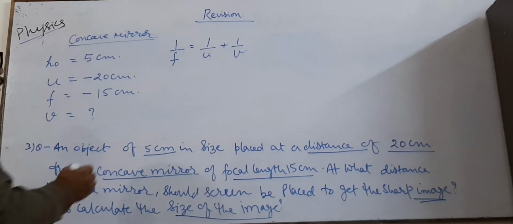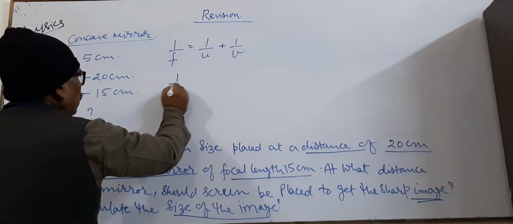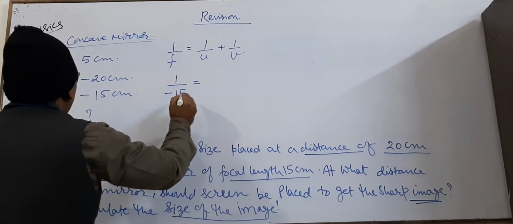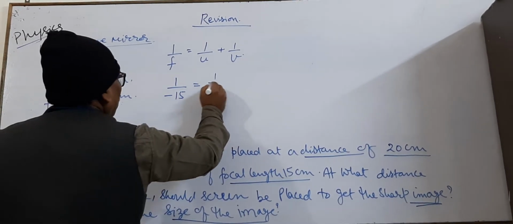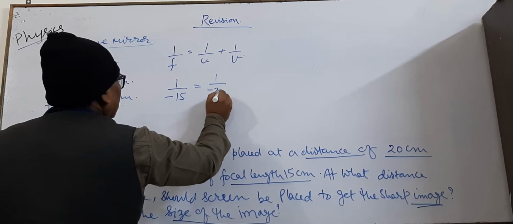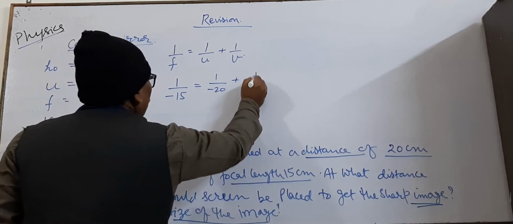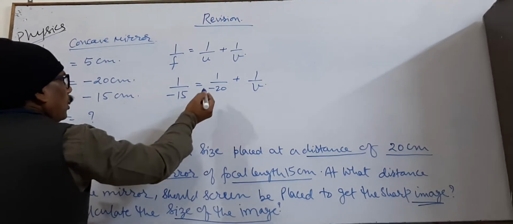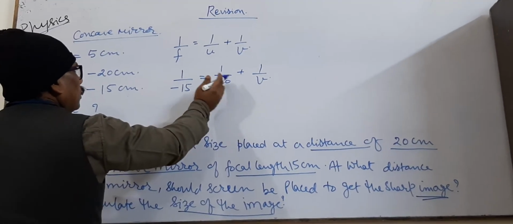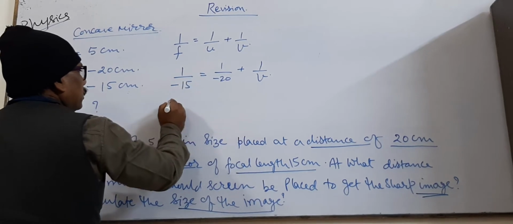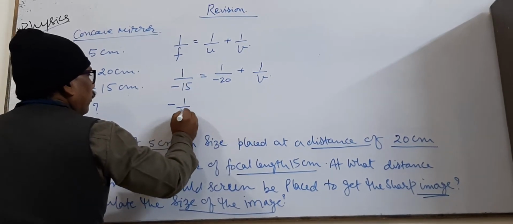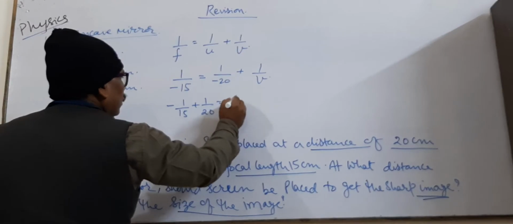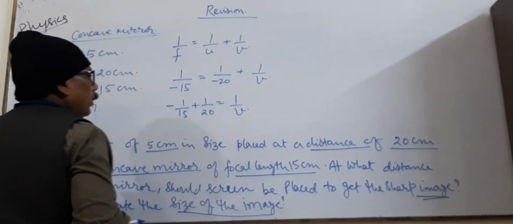Now on substituting the values in this formula, 1/(-15) = 1/(-20) + 1/V. Now you transpose this: -1/15 + 1/20 = 1/V.